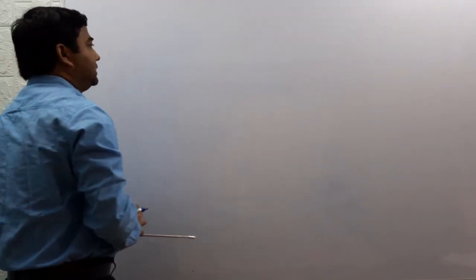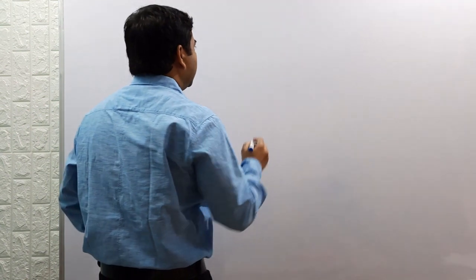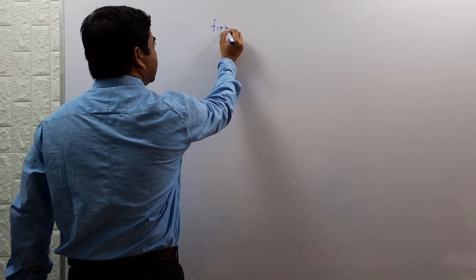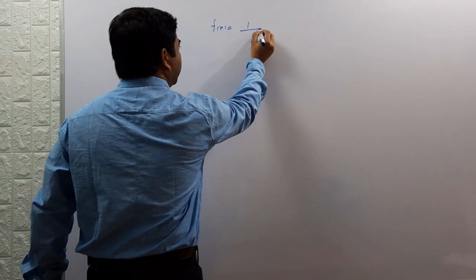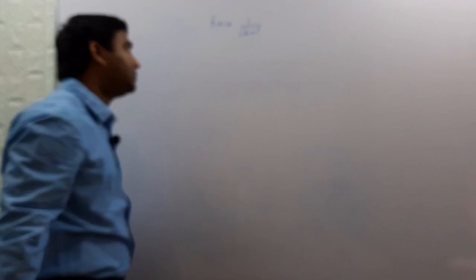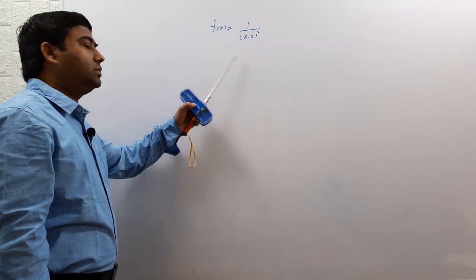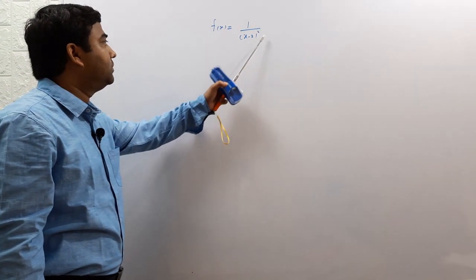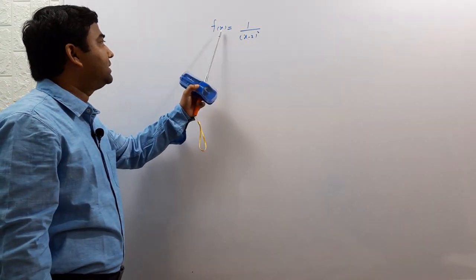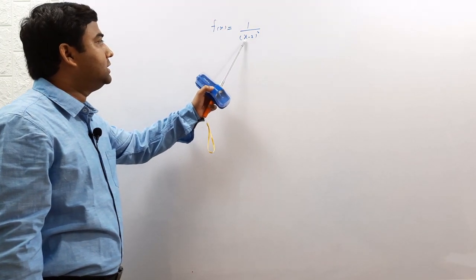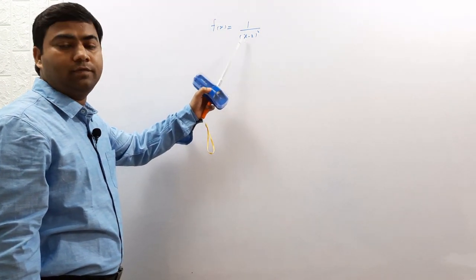We will take another function with simple nature. f(x) is equal to 1/(x-2)². This is also a function, it's a rule. By this rule we get certain values of the function for each individual and specific value of x.